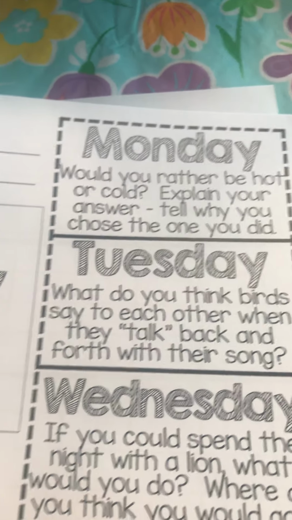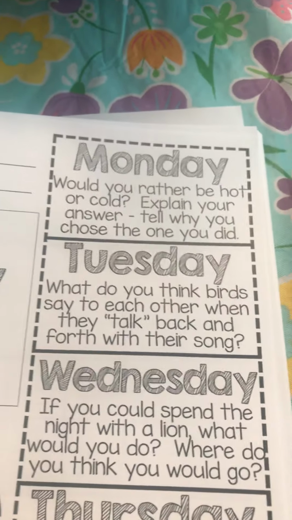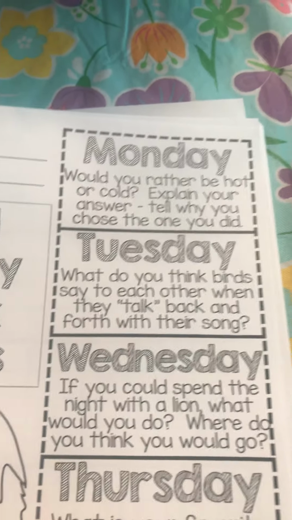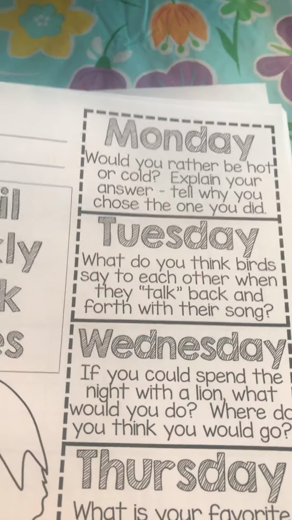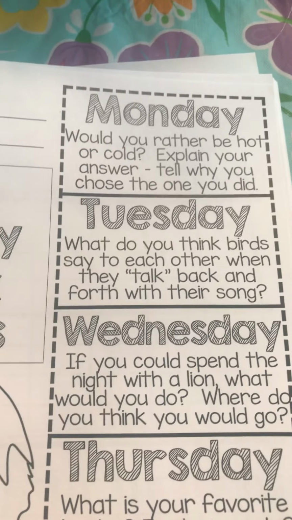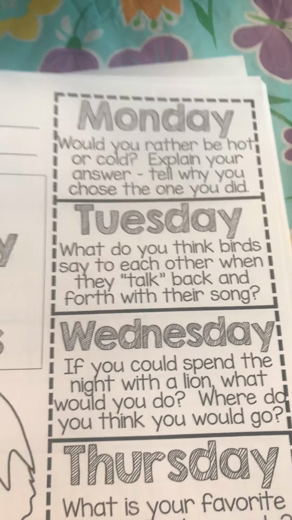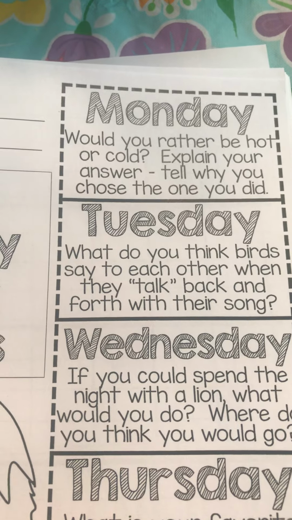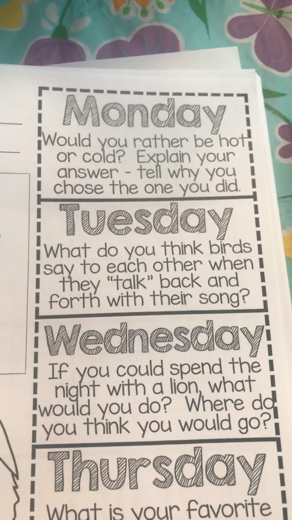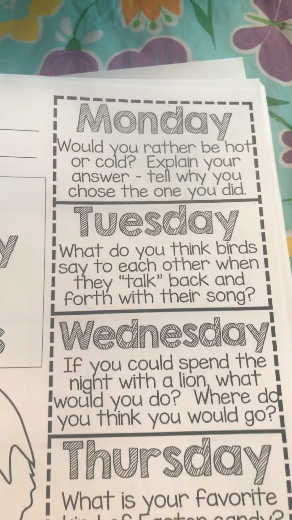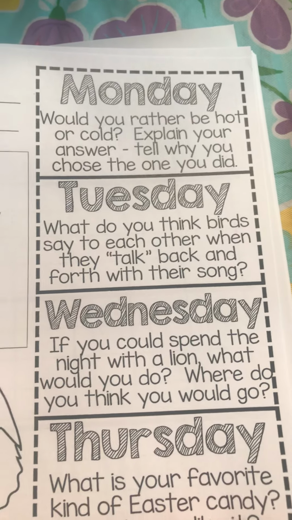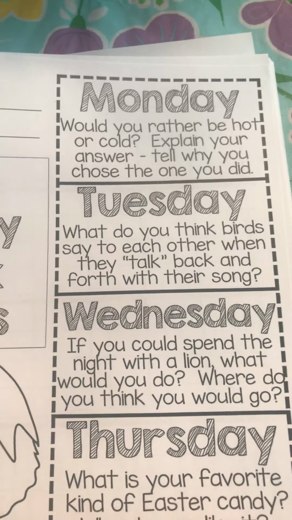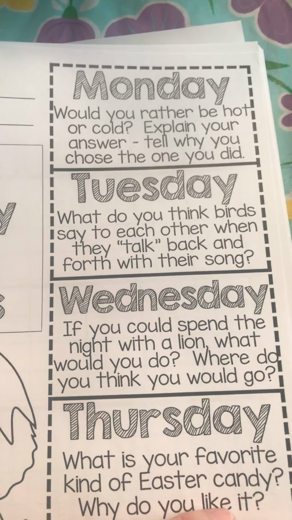So on your paper, right on the back, there, it's right there, you need to say, I would rather be, and then you say either hot or cold, whichever one you prefer, and then tell why you would rather be that way. Make sure that you give me at least 3 good sentences, at least 3. Capital letters at the beginning, your best handwriting, and punctuation at the end.